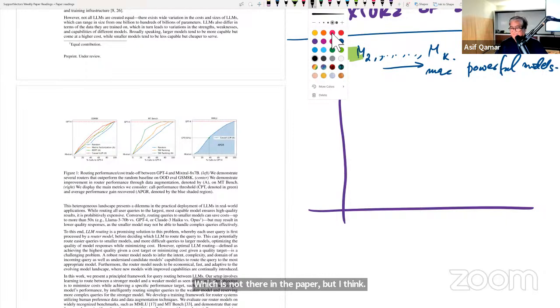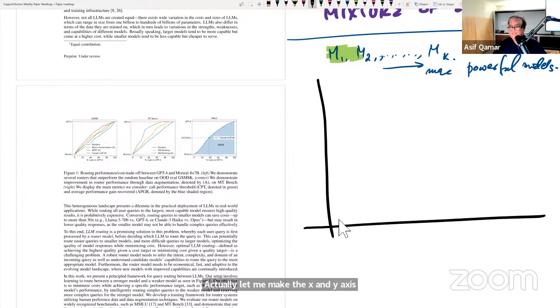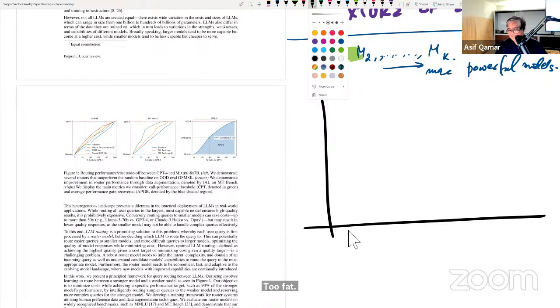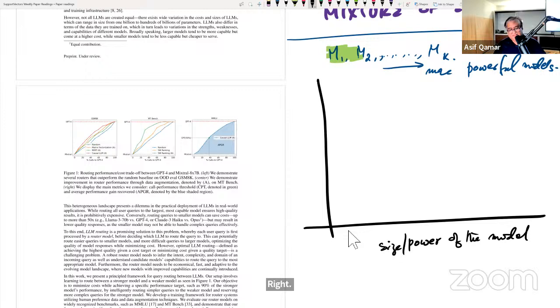So bear with me. Actually, let me make the X and Y axis like this. Too fat. Okay, I'll take this. Suppose this is the size or power of the model, right? And what you're looking at is the cost.